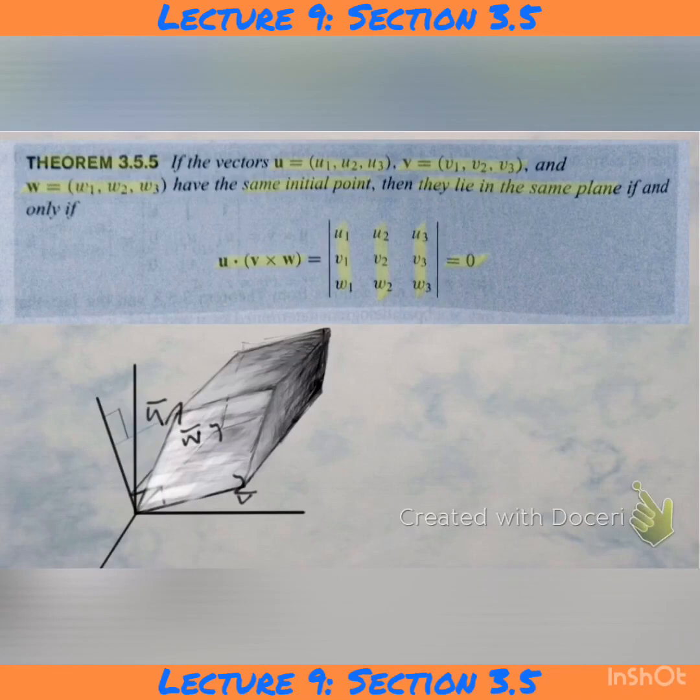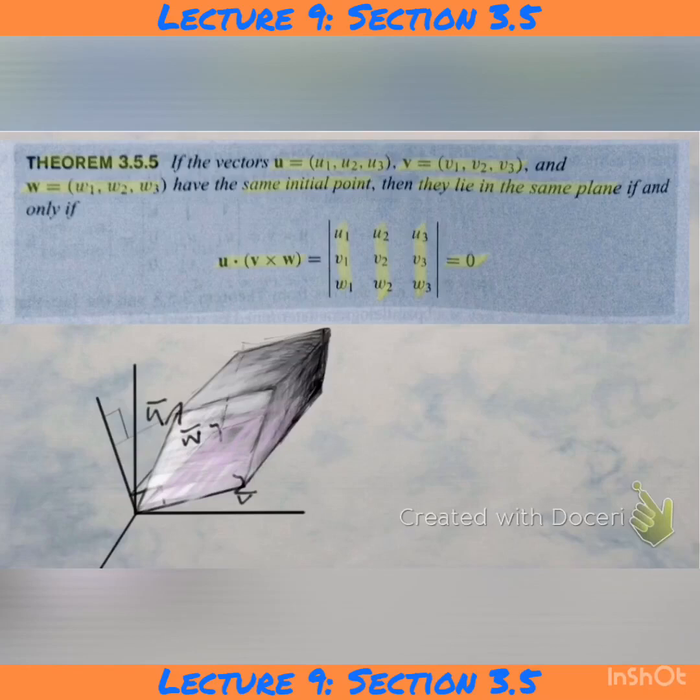And that occurs when one of 2 things happen. The first is if the area of the base is 0. As an example, it'll occur when v and w point in the same direction. Then the area of that base will be 0.